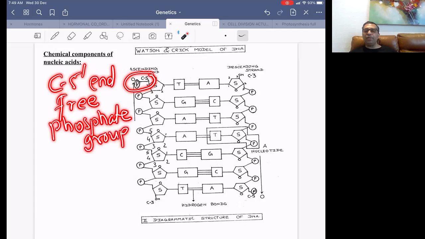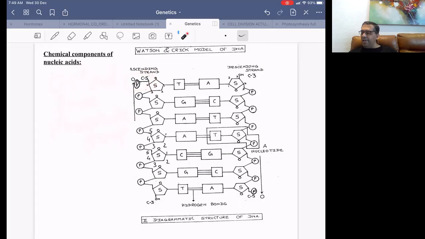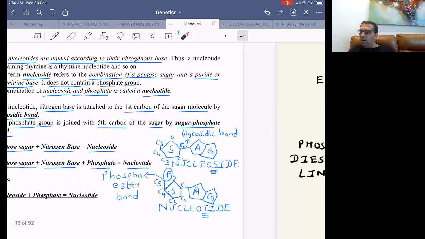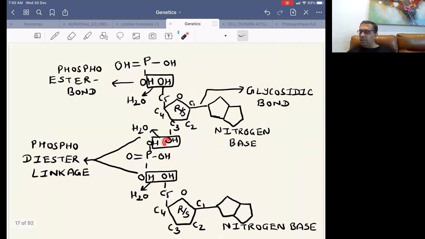And check this here. At every third carbon, there was a hydroxyl present.